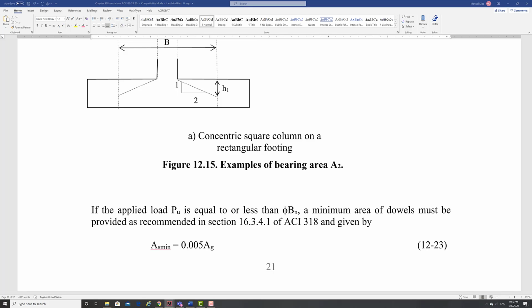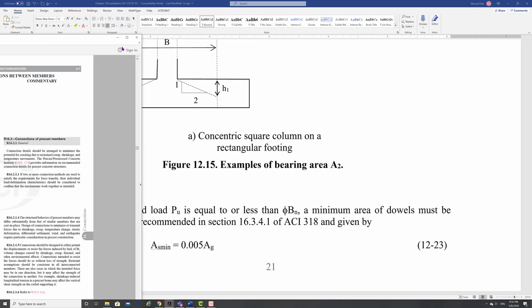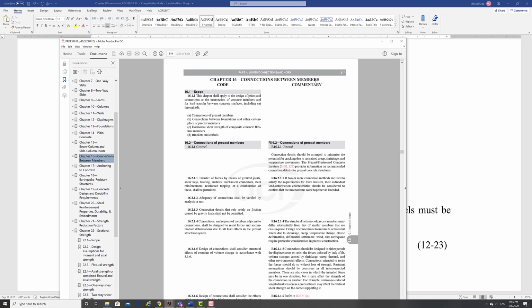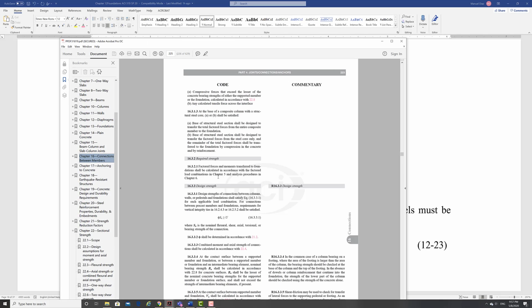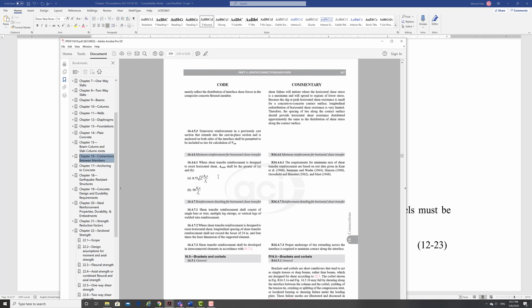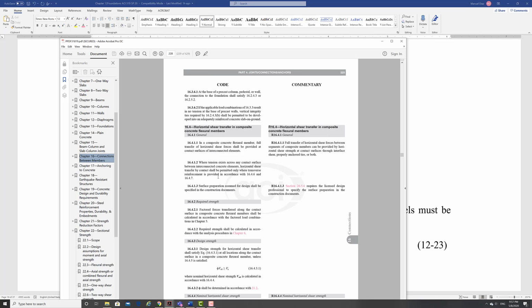So we're going to different chapters now. But chapter 16 is the connection chapter, right? That's why. Connections, right? So 16.3.4.1. Let's see.